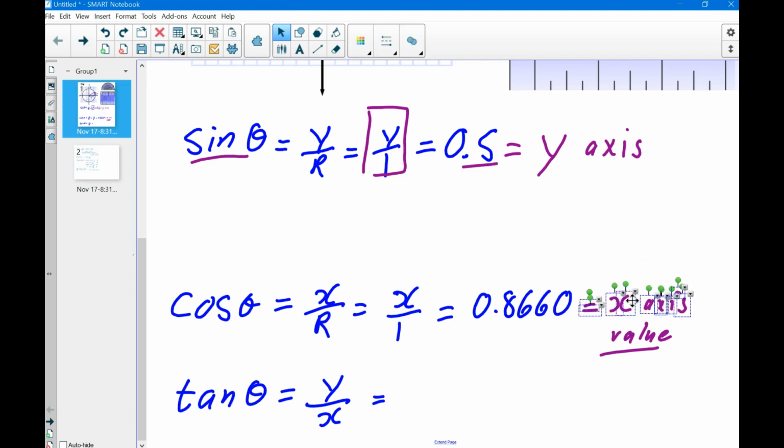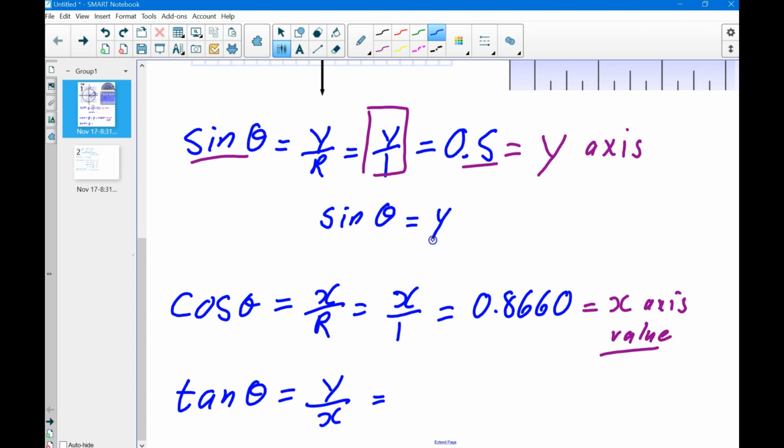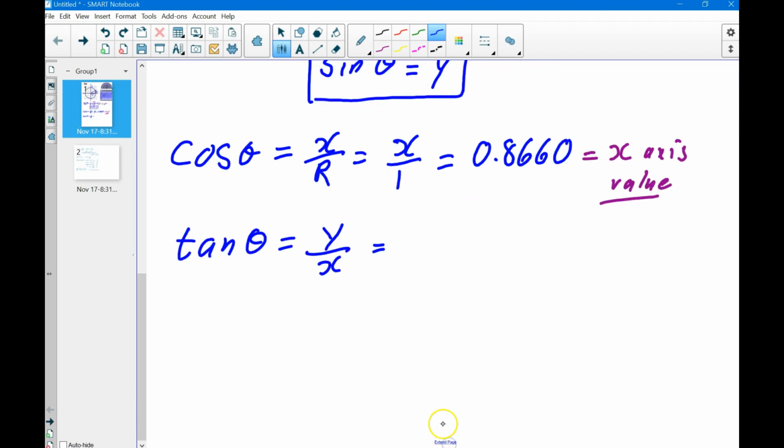When I have this thing here happening where I have sine, because it's sine theta y over 1, sine is my y, I can use this here. My sine of theta is actually just my y value.